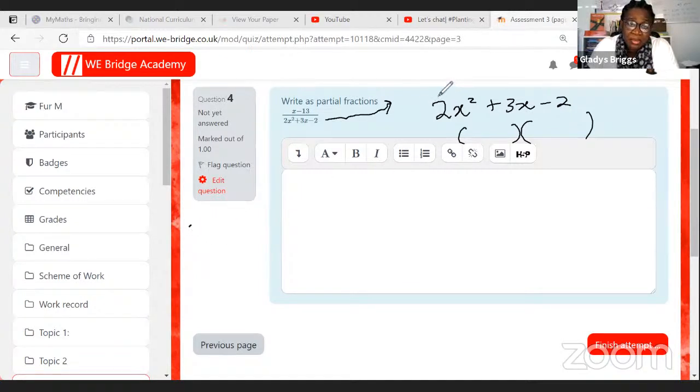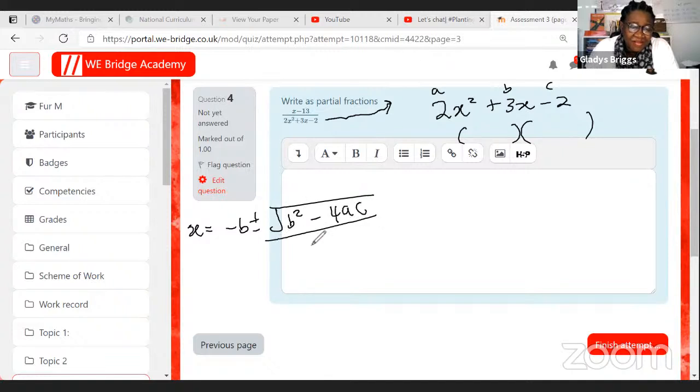You can use formula A, B, C, okay? So you can use that quickly, guys. Off you go. Do that quickly for me.